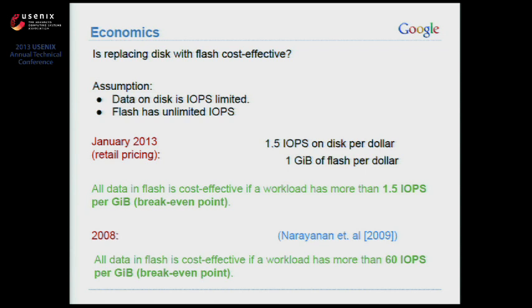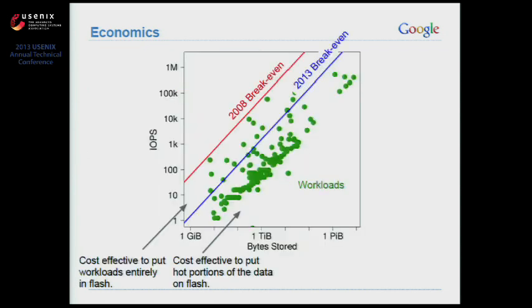So we analyzed all our workloads in our system, and we got this plot here. The green dot stands for one workload. The 2008 break-even line is the top line, 60 IOPS per gigabyte. And even for our workloads, none of the workloads is above the line.